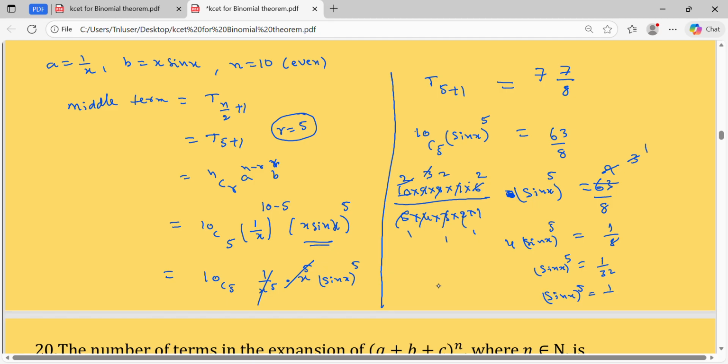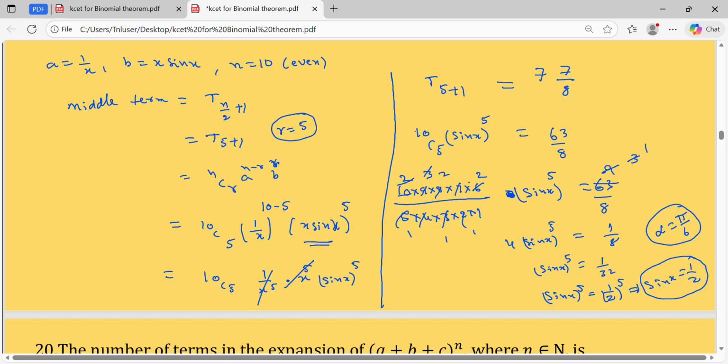So this 1 by 32 is nothing but sin x power 5 equals 1 by 2 whole power 5. This implies sin x equals 1 by 2. If sin x equals 1 by 2, it is satisfied by many angles. In that, the least value is sin 30 equals 1 by 2. So alpha equals 30 degrees, which in radian form is pi by 6.